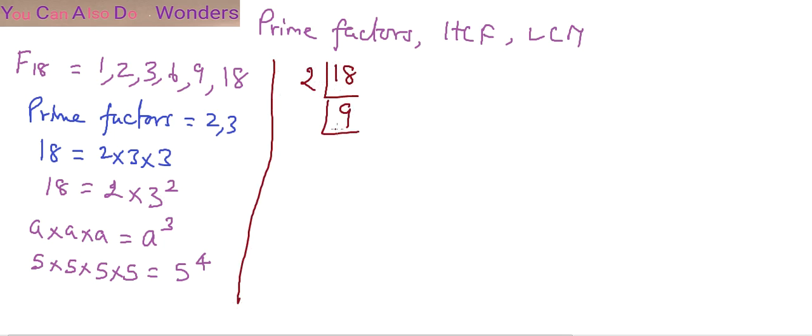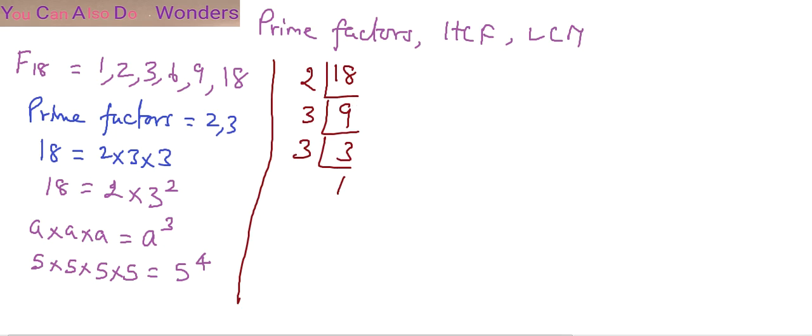Now 9 is not divisible by 2, but we can divide by 3, which is a prime number. So 3 times, again 3. Keep dividing till we get 1. When you divide 3 by 3, we get 1.